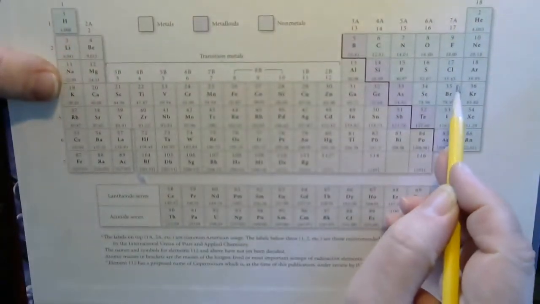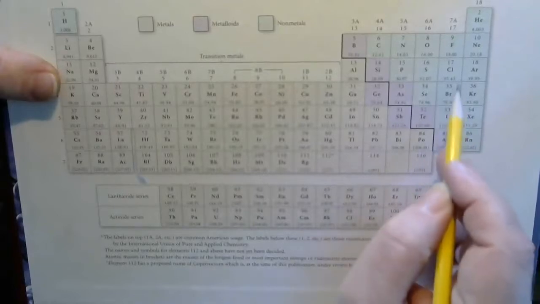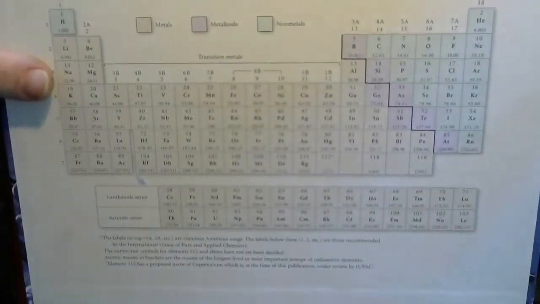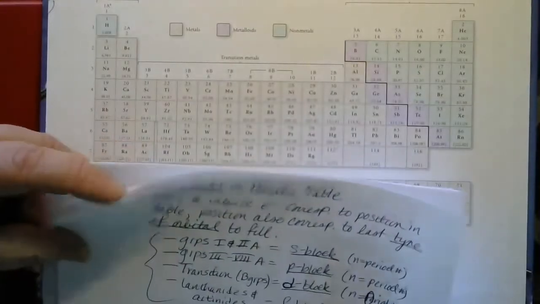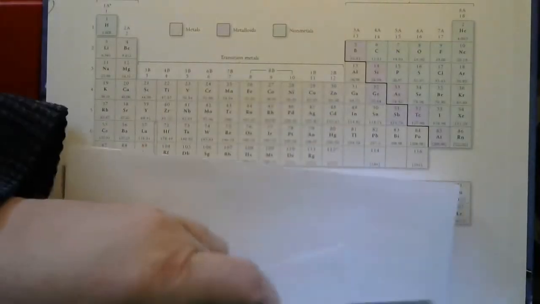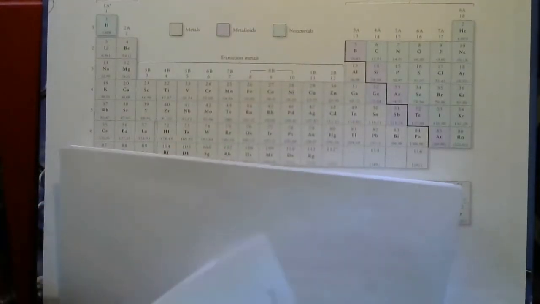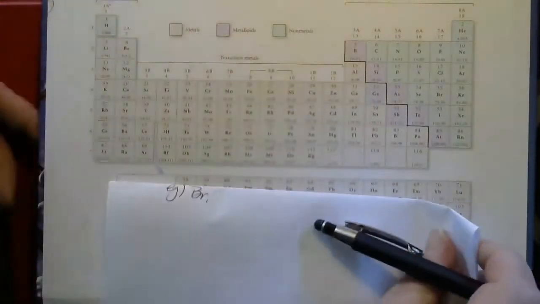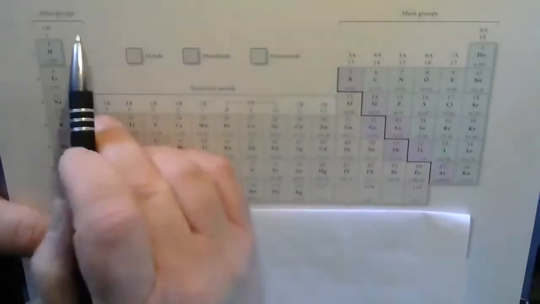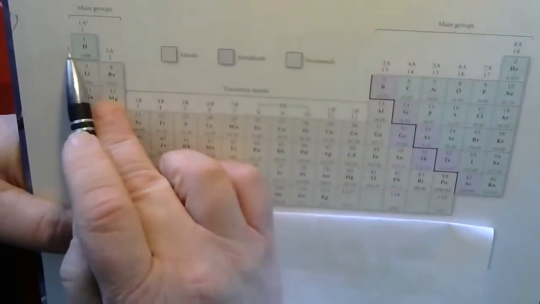Bromine is right here, number 35. And to get to bromine, let me fold this so we can actually see it at the same time. What we have to go through to get to bromine, starting from hydrogen, is in period 1.